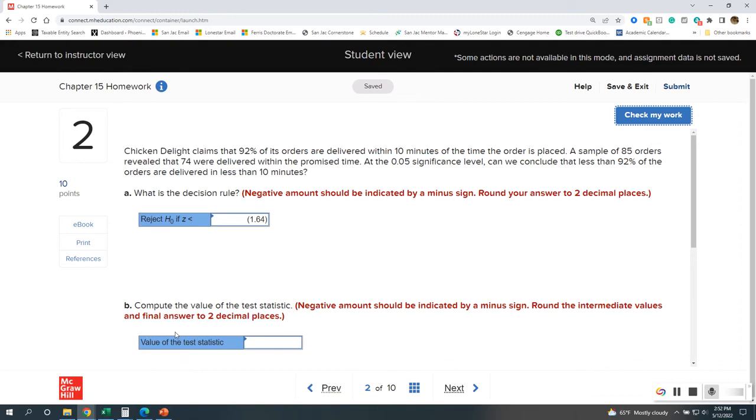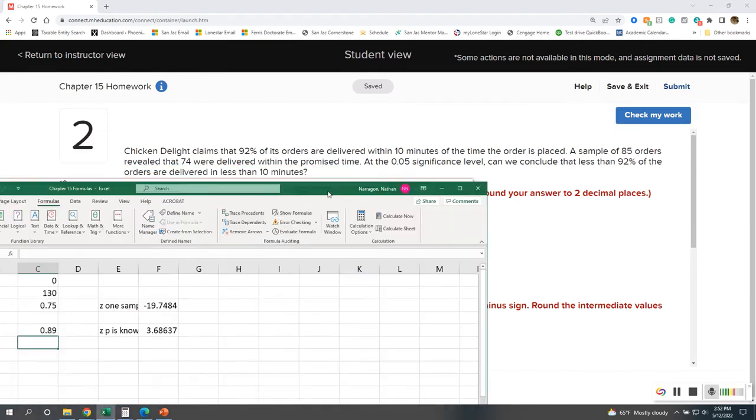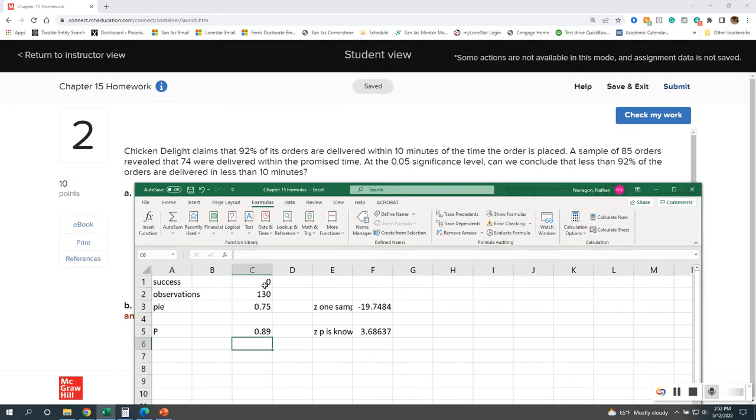Next, we're going to try and compute the test statistic. This time, we actually know what the sample size is. So we had 85 orders, 74 were delivered within the promised time. Okay.